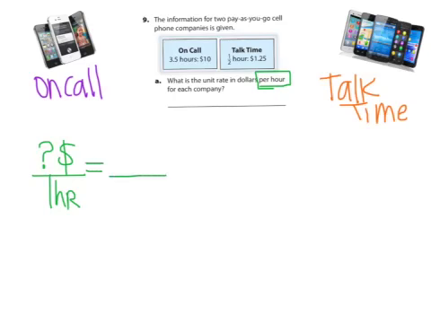We also said in our last video that we want these labels to match. So if hours is on the bottom, it still stays on the bottom, and dollars still stays on the top. So I'm going to write hours, and when I look back up here, it said 3.5. Dollars goes on the top because that's what was originally there, and your question says $10.